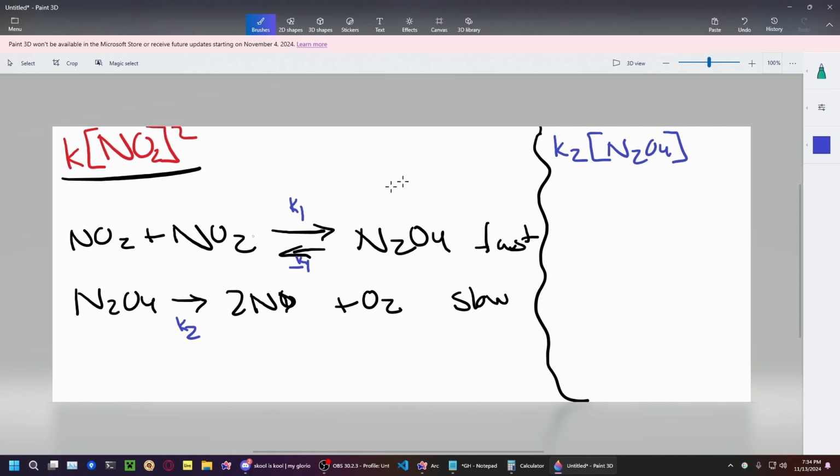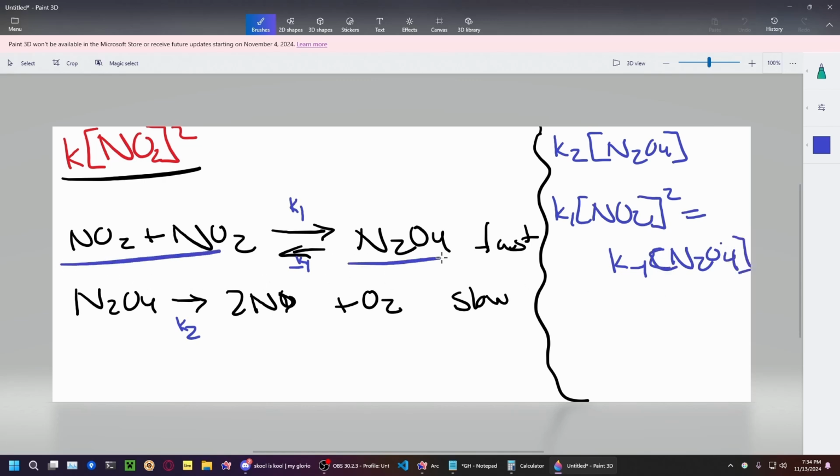So what I'm going to do is say that K1 of NO2 squared is equal to my K inverse 1 of N2O4. And this should make sense as the rate of this happening is the same as the rate of this.